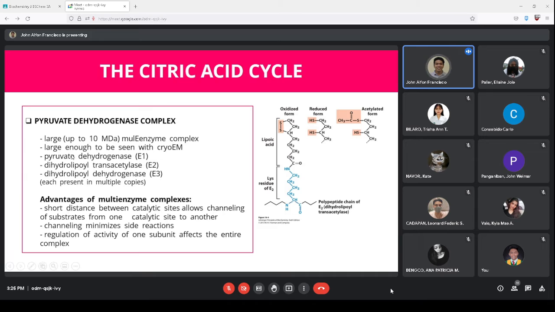And it contains 3 enzymes: pyruvate dehydrogenase, dihydrolipoyl transacetylase, dihydrolipoyl dehydrogenase. And these 3 components will be the responsible protein to convert your pyruvate to acetyl-CoA. So, it is a large complex like this one.